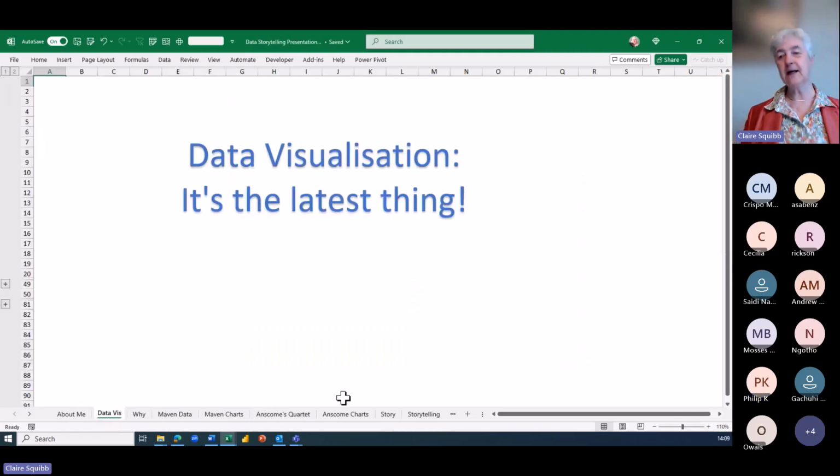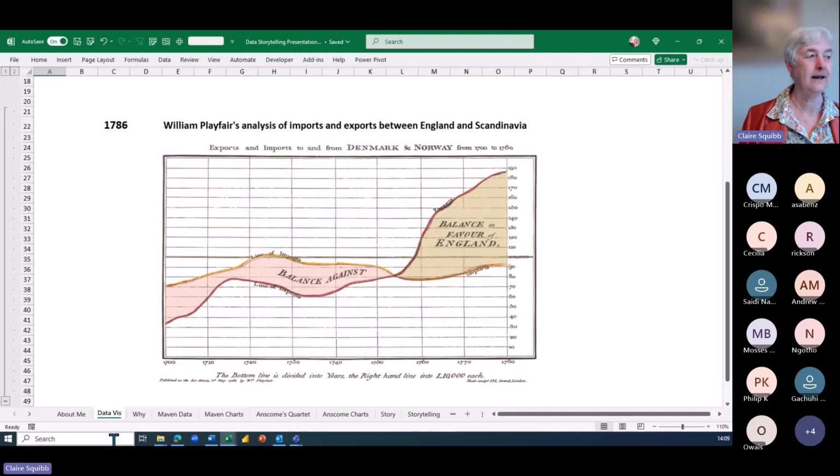So data visualization. It seems to be all that anybody talks about these days. It's very much the latest thing. Except, is it? In 1786, this chart was produced by an Englishman analysing imports and exports between England and Scandinavia, Denmark and Norway.